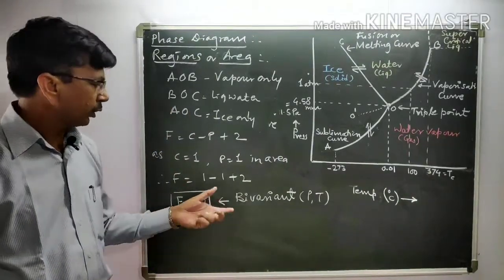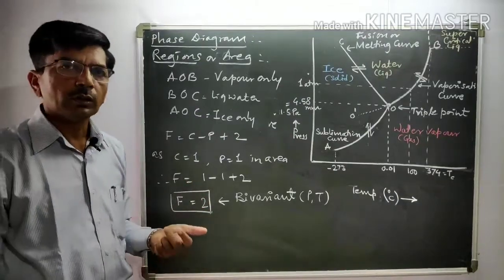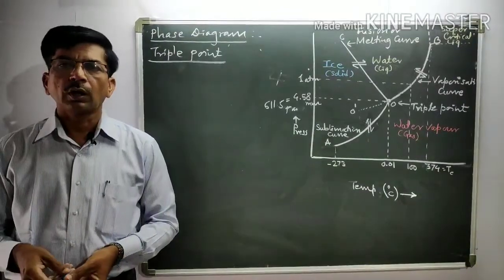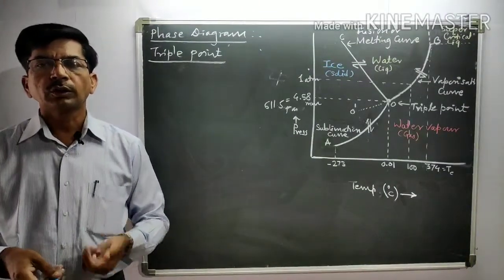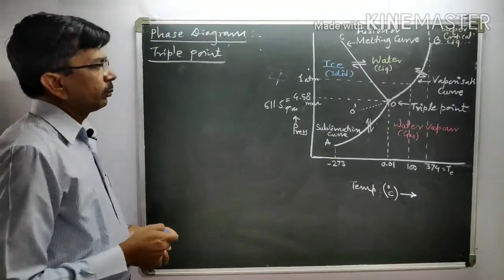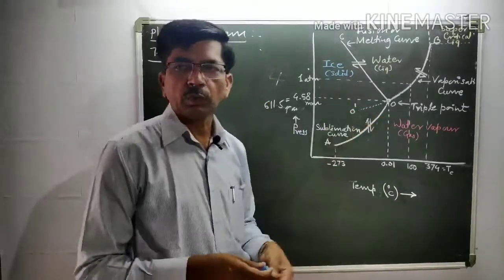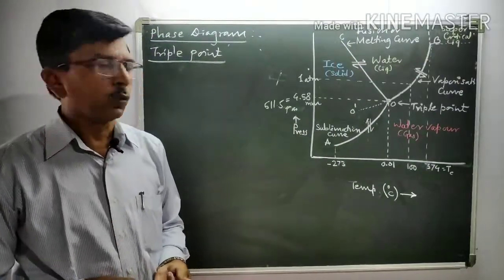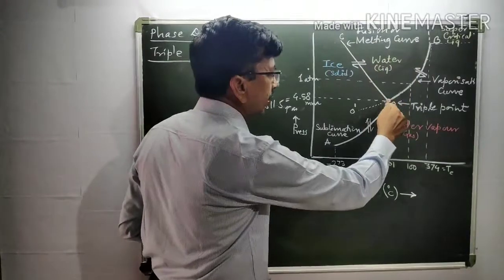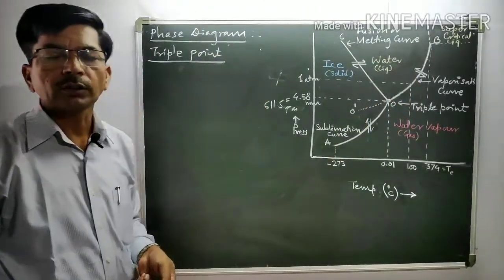Now we see the calculation of the Gibbs phase rule at the triple point. Now we discuss the third important thing in the curve, that is the triple point. The triple point in the diagram is O. How was this triple point formed? When the curves OA, OB and OC meet at this particular point, we call it a triple point.